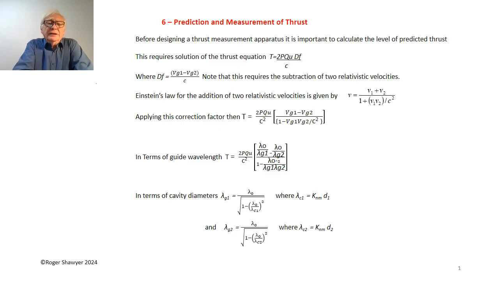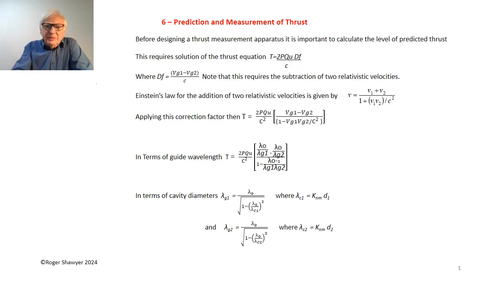And you must note that this requires the subtraction of two relativistic velocities. Vg1 is close to the speed of light. Vg2 is probably a tenth of the speed of light. So these are two very fast velocities. And so we need to turn to Einstein to get the true value when we add or subtract these relativistic velocities.